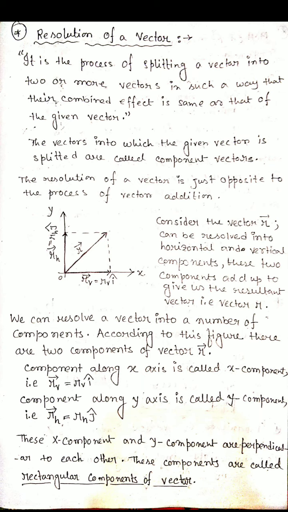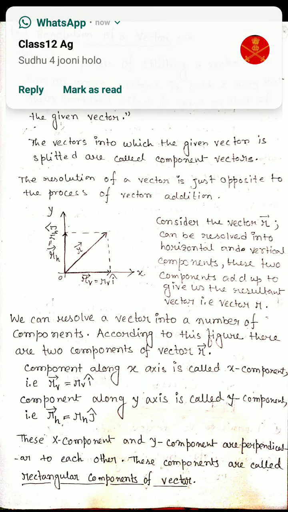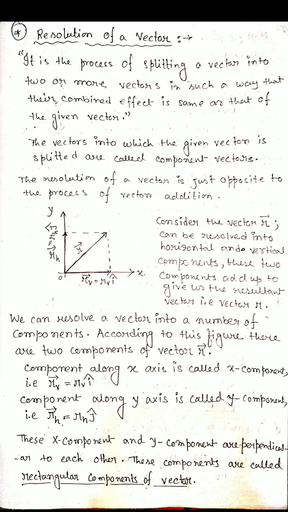We call them RV and RH. We can write RV equals RV into i hat, and RH equals RH into j hat.